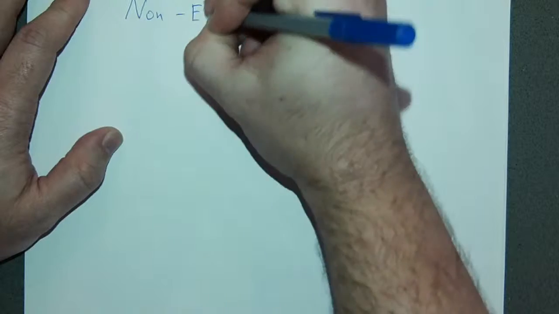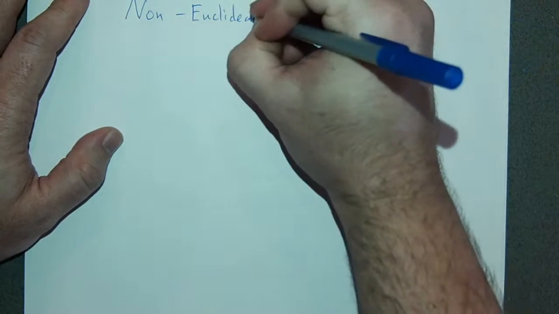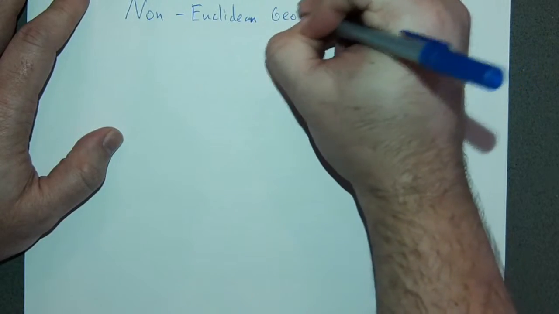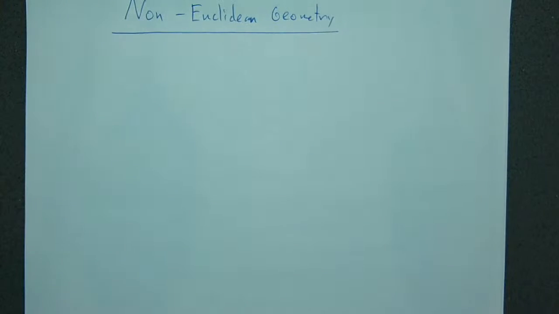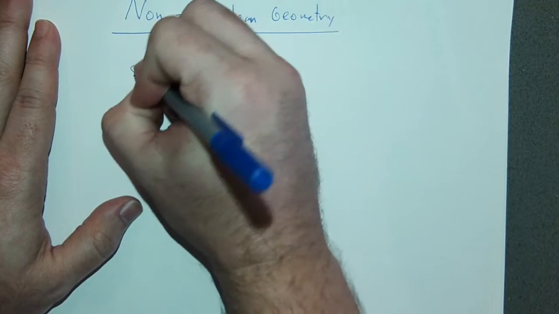Now, you might protest and say, as I mentioned earlier, that we've actually already seen examples of non-Euclidean geometry. So we saw the example of spherical geometry.